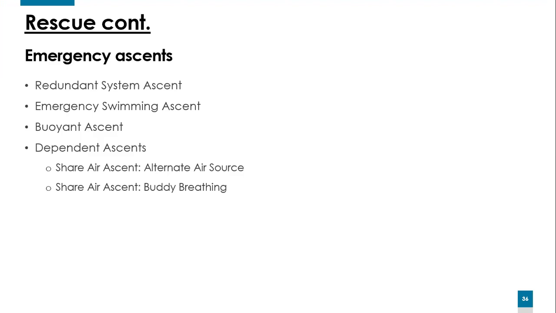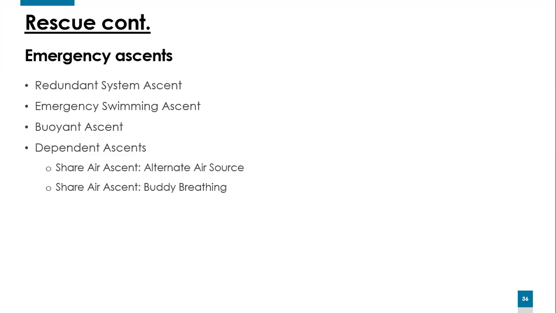All right. Next emergency ascent is the actual buoyant ascent. This is where a diver ditches the weights, arches backwards into a belly up position, extends the arms and legs horizontally, like spread eagle, all in a flare position, while continuing to exhale on the way to the surface.